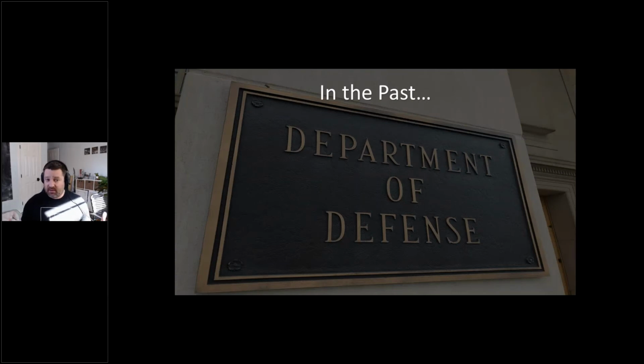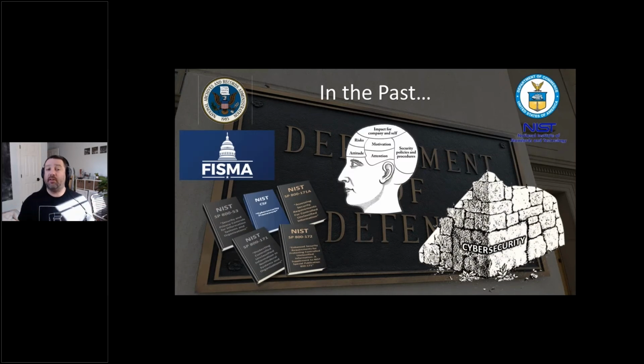So in the past, the Department of Defense has put up a lot of different guidelines, policies, NIST special publications, self-attestations, etc., around cybersecurity. So organizations had National Institute of Standards and Technology special publications like 800-171, which is still current, 800-172, 800-53. They have had FISMA guiding cybersecurity policy. We have had best business practices around cybersecurity as the cornerstone of any business.